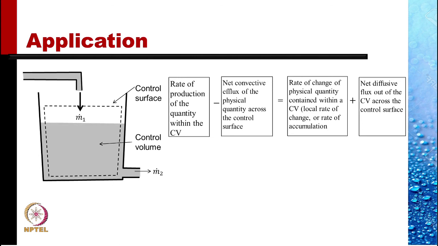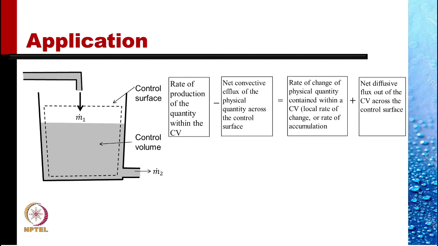We apply this to a system in which we have a container in which the mass is coming in at the rate m1 dot, the mass is leaving at the rate m2 dot. The control volume is defined as the volume enclosed by the broken line. The broken line itself represents the control surface.